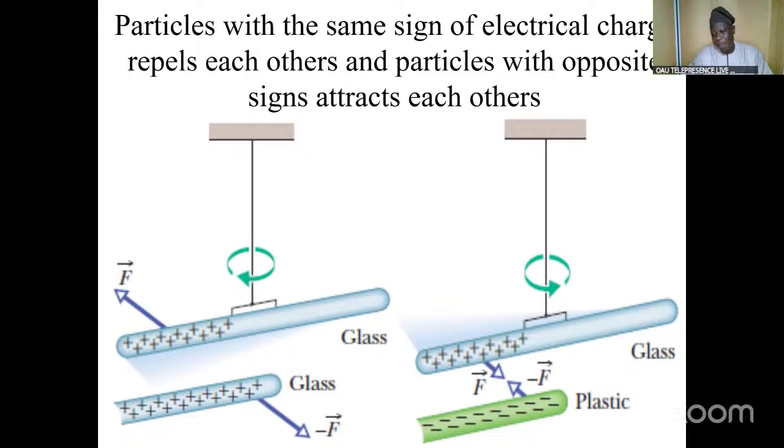Now, in the second figure, I'm bringing glass and plastic. What do you notice here? There's an attraction, which can be described as force of attraction. There is another force that causes the other objects in figure A to repel or separate.